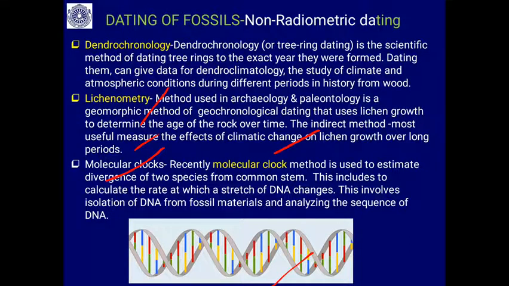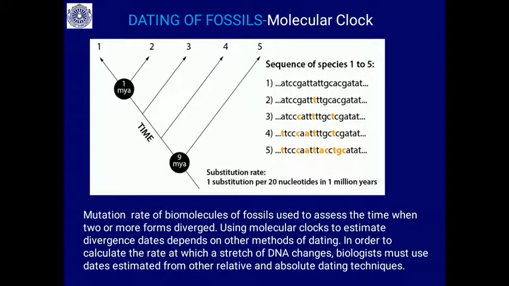There are constant changes in the DNA over time, so we can identify when exactly they diverged from the common stem. It involves isolating DNA from the fossil material and analyzing the DNA sequence. The mutation rate of the biomolecules of the fossils is used to assess the time when two or more forms diverged.